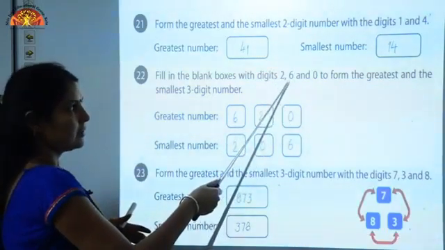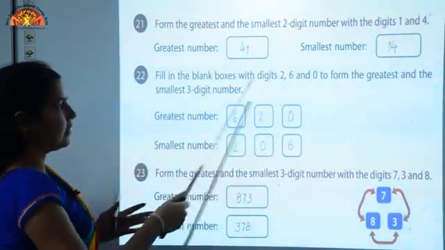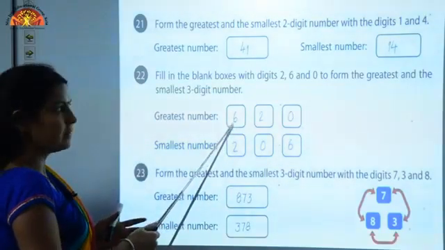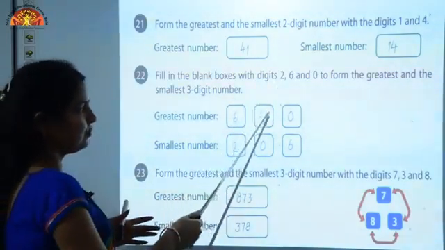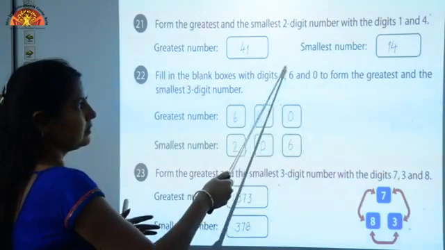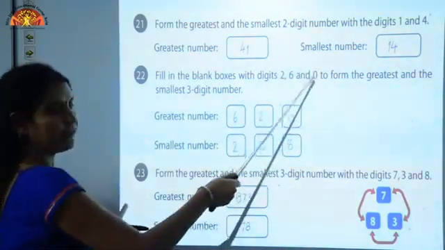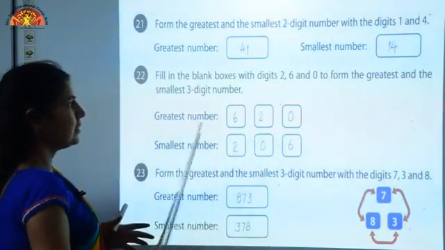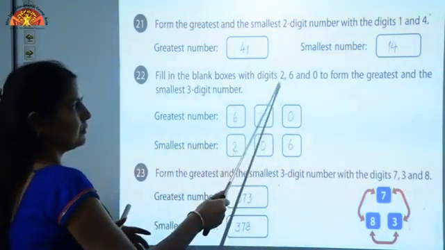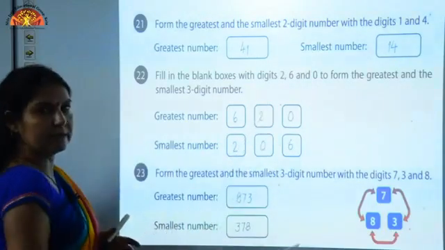This is 6. So we have to start the number from 6, then we have to write 2 because this is bigger between these two digits. So 2, and at last we will write 0. This is the greatest number using these 3 digits.